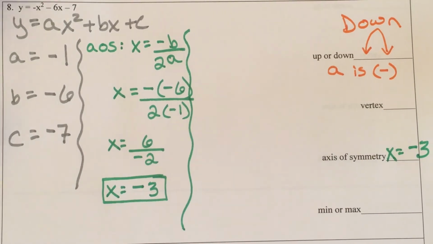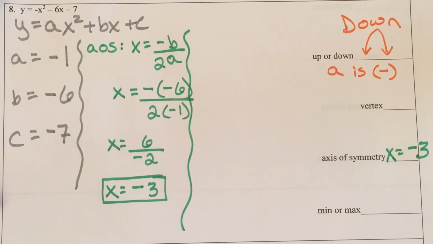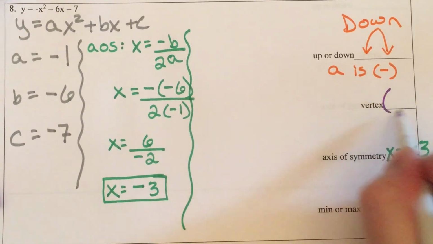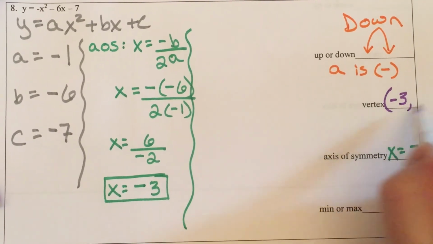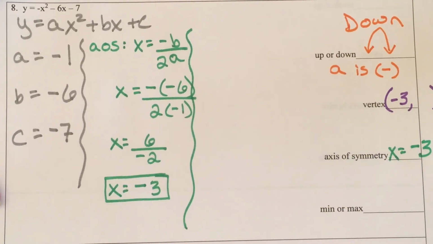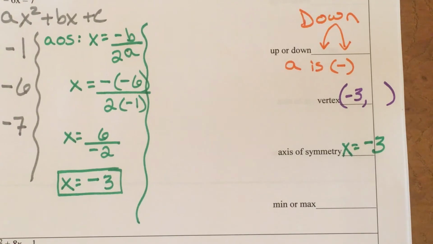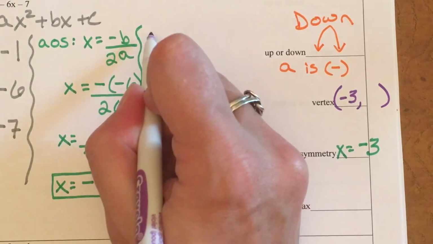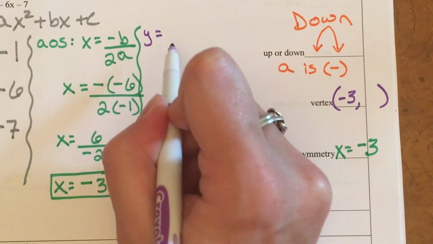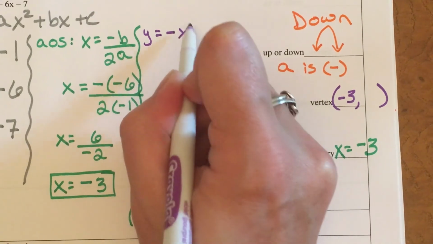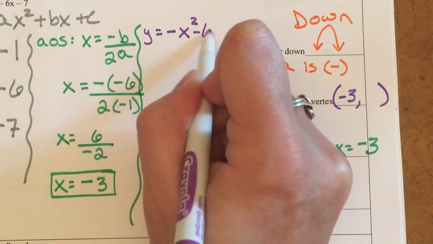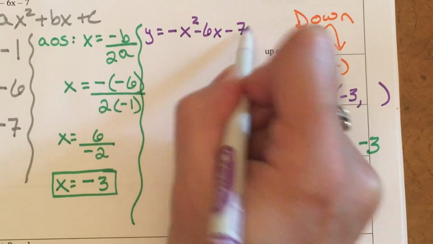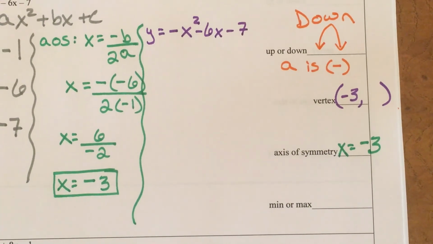All right, let's use that to go find the rest of your vertex. We already know part of it. We just need to know the rest of it. So our original equation, y equals negative x squared minus 6x minus 7.